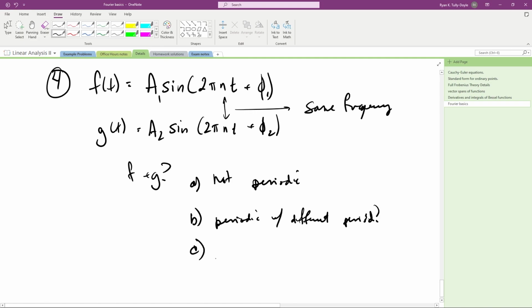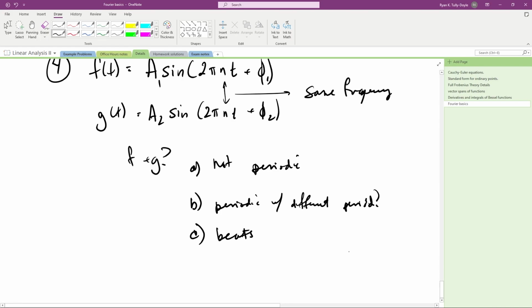Maybe it has what are called beats, which is to say that because the phase is different, maybe the peaks of the sine waves collect up and then spread out, so they cancel and collect up and spread out. So maybe you get what are called beats. Maybe you have a new sinusoid of the same frequency, or 0.